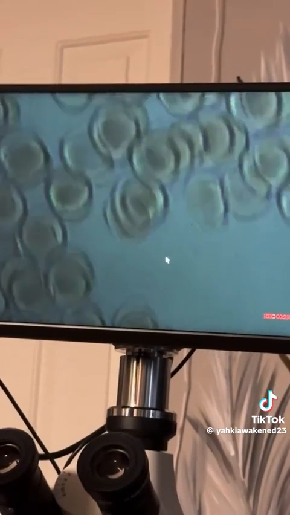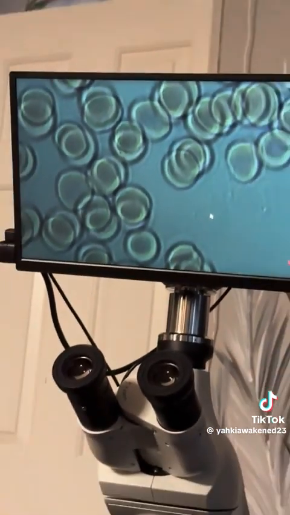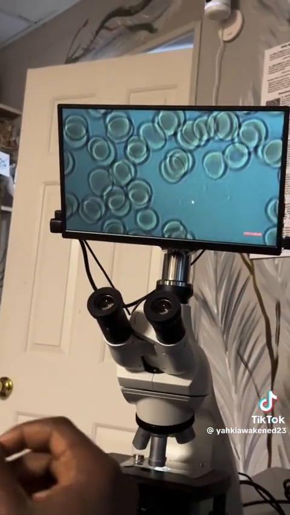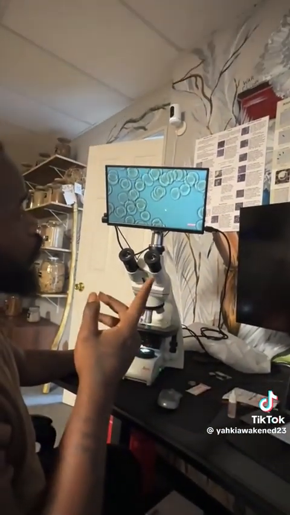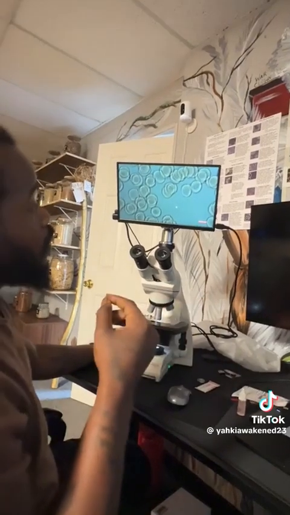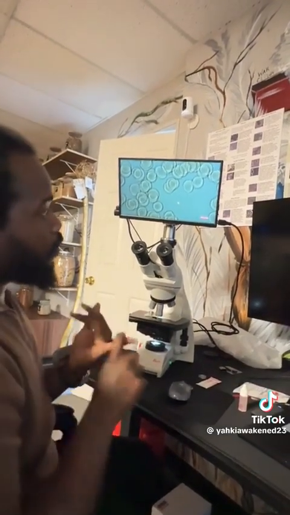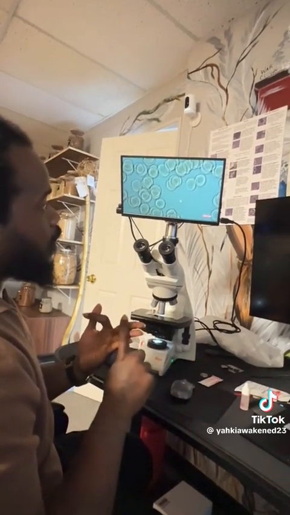So far in this client, what we got is parasitism, which is a parasite infection. So far, I see a bunch of parasites. Not only that, I seen a bunch of poikilocytes. I seen an elliptocyte. Also, I seen an acanthocyte, and I seen mucorrhizmosis. So we got vitamin B12 deficiency, folic acid deficiency, vitamin B17 deficiency.